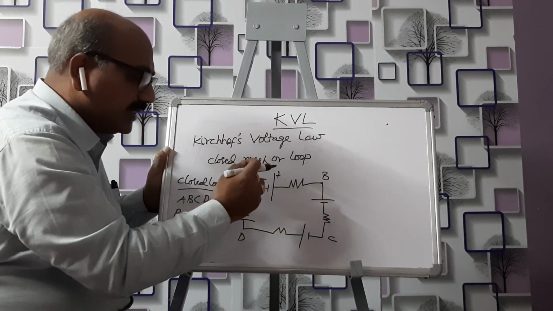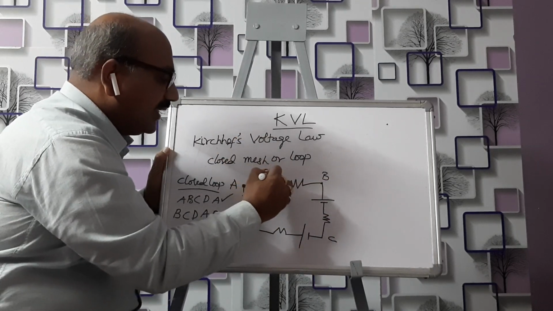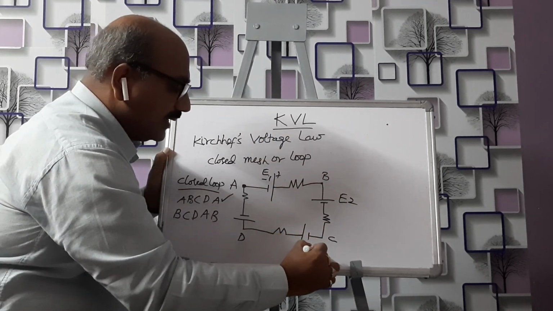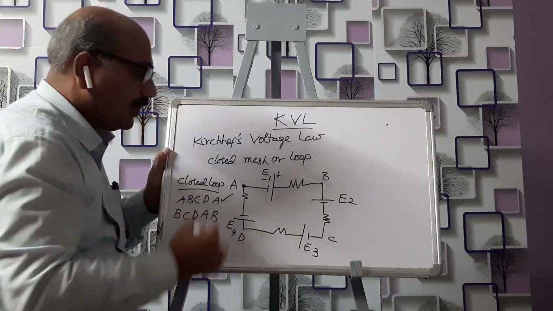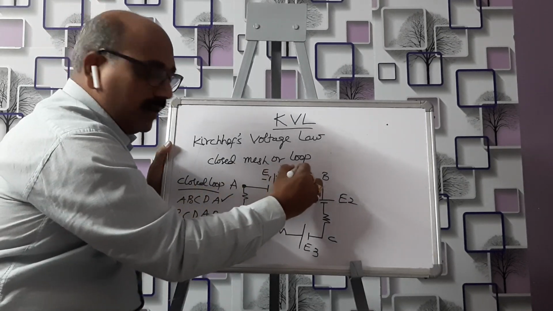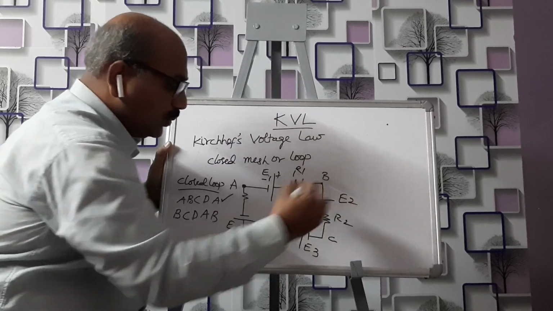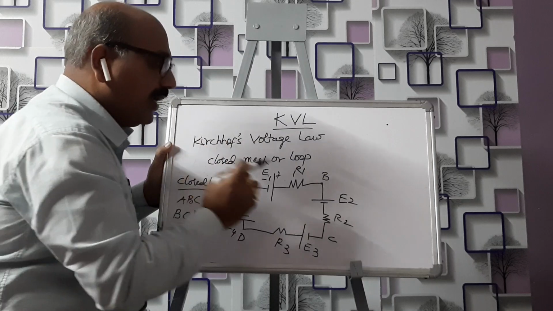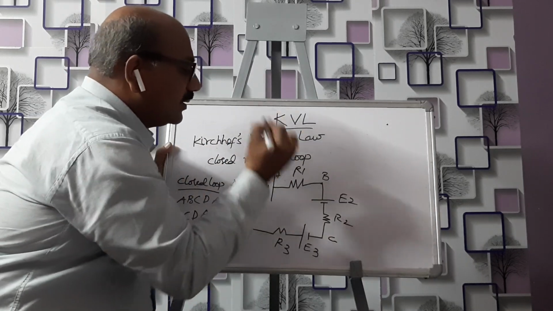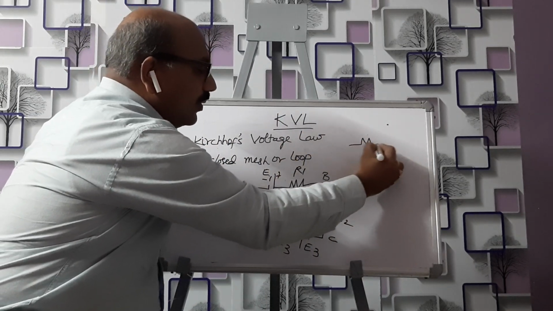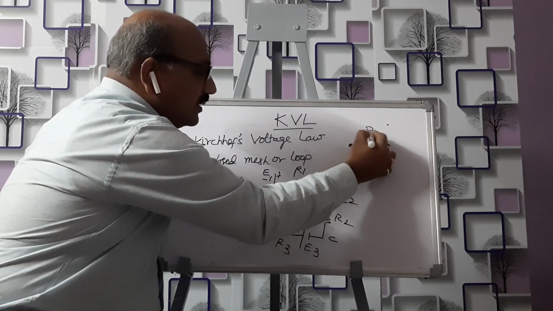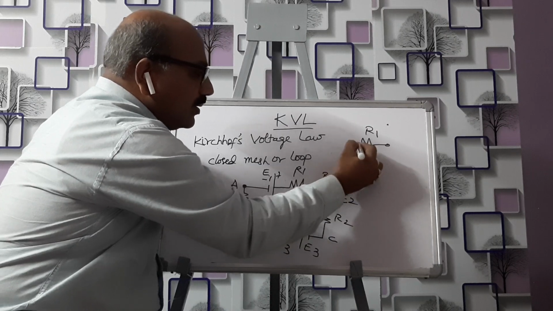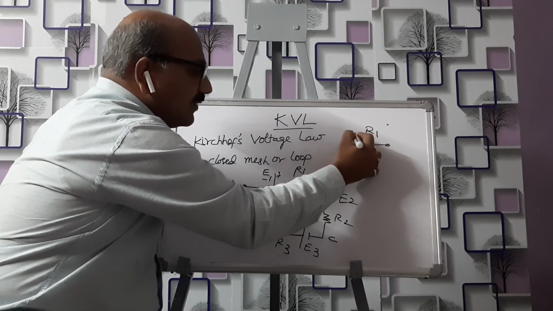This loop consists of different EMFs like E1, E2, E3, E4, and different resistances like R1, R2, R3, and R4. Whenever we talk about a drop, if R1 is a resistance, there is a drop when there is a flow of current.